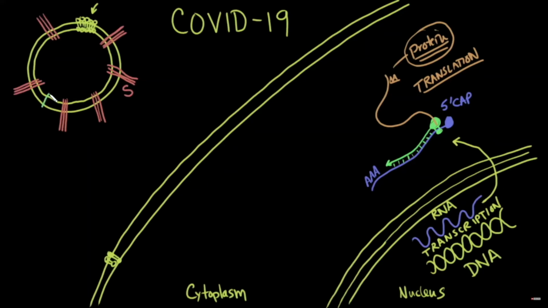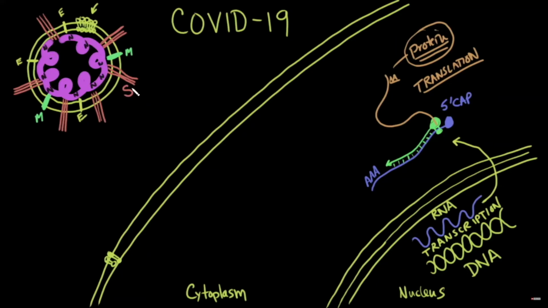For instance, there are M proteins. There are also E proteins, and they all have their specific function of structure to keep this virus intact. And then what's inside is the genome. It's a tightly packed, very large RNA genome, and it's bound with N proteins. So there's N proteins all through here binding the RNA molecule.